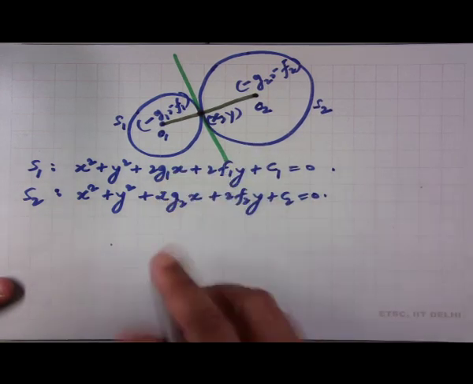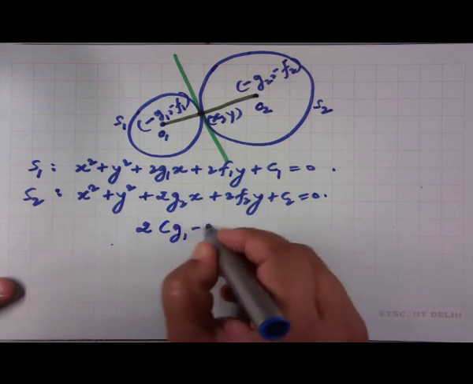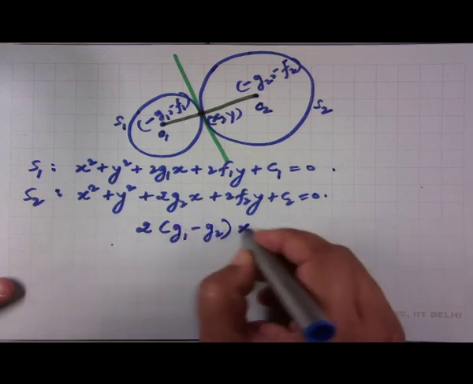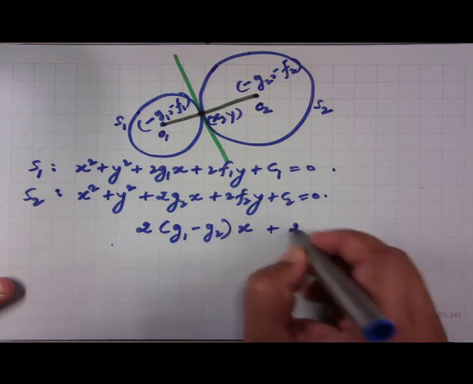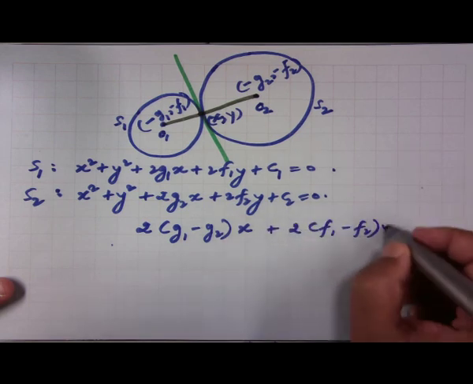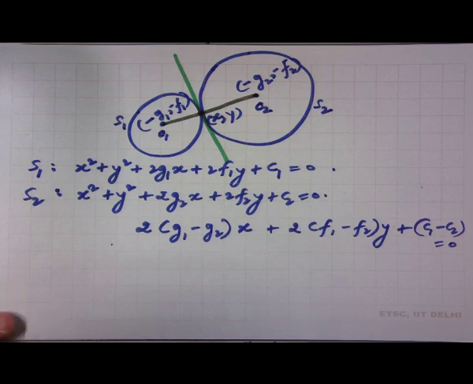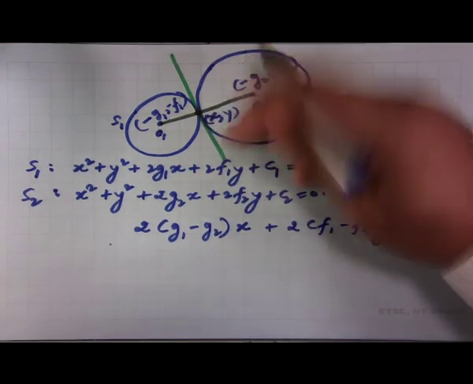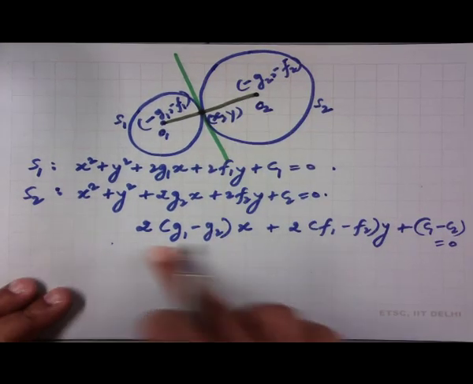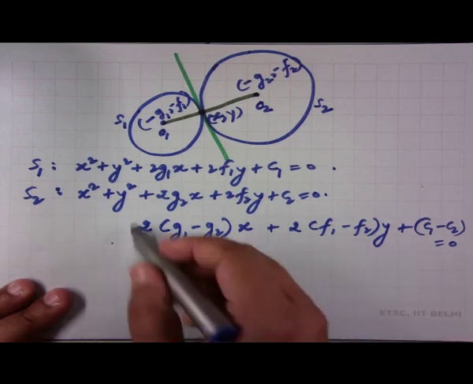Now, since it satisfies both these equations, it must also satisfy the difference of these equations. So, if I take the difference, what I get is 2(g1 - g2)x + 2(f1 - f2)y + c1 - c2 = 0. So, the coordinates of this point of contact (x, y) satisfy this equation, which is actually a straight line equation.